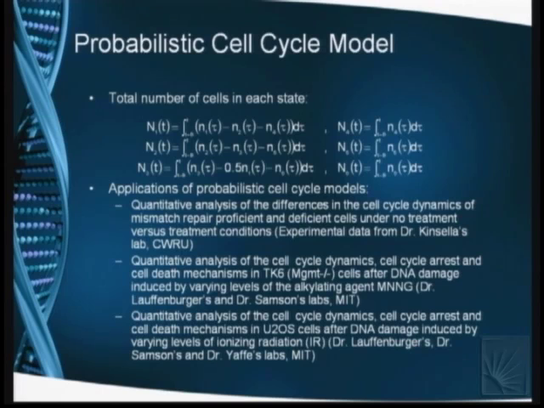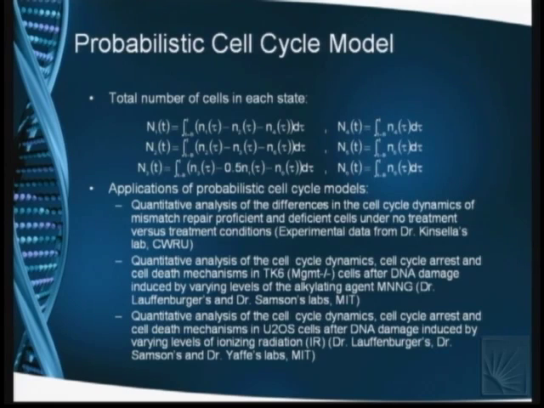The second data set comes from Dr. Laufenberger's and Dr. Sampson's labs at MIT, and they're interested in the alkylating agent MNNG. It's again a chemotherapeutic agent, and they're interested in the cell cycle dynamic differences in TK6 cells before and after treatment.